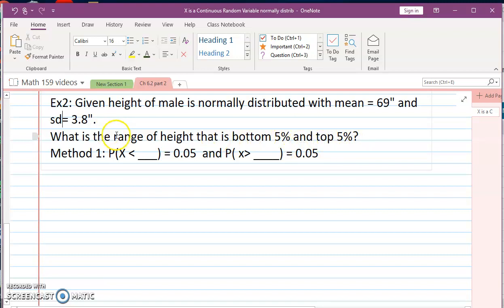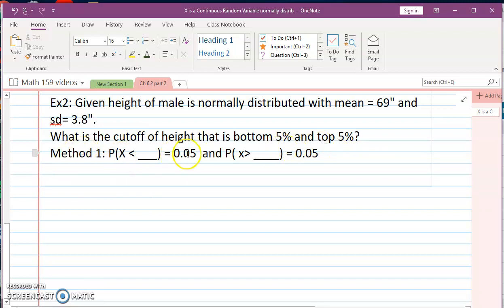I would say actually not the range, but the cutoff of heights at the bottom 5% and top 5%, or you can say from the bottom 5% to top 5%, so excluding the top and bottom.